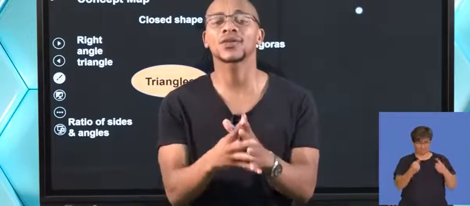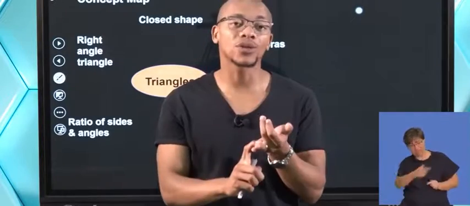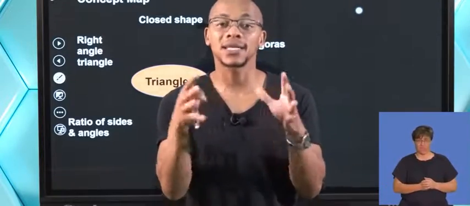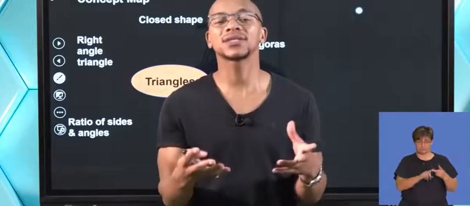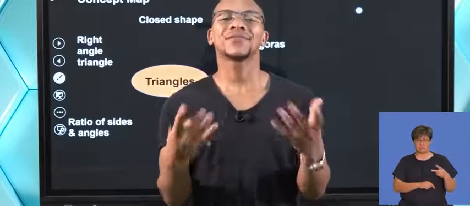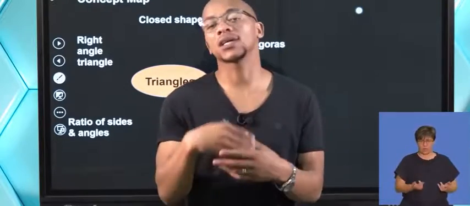So just make sure that it is the longest side and also it is opposite 90 degrees in terms of a right-angled triangle. We also looked at how I can find sides, given maybe one side or given two sides.